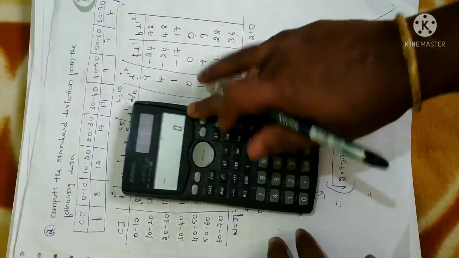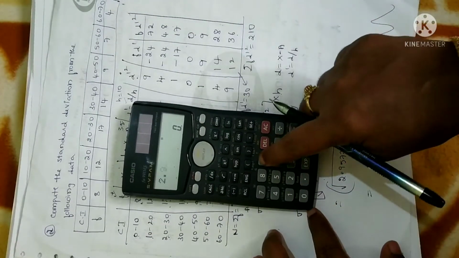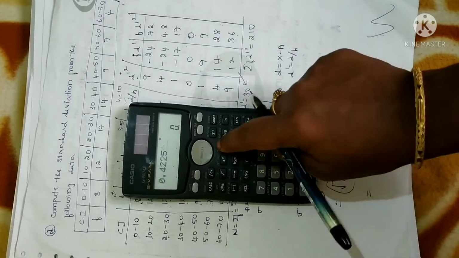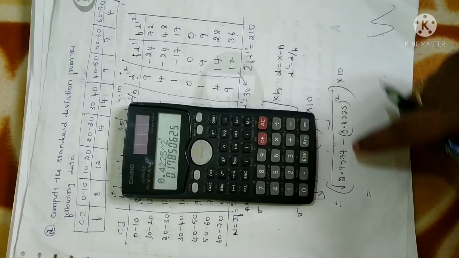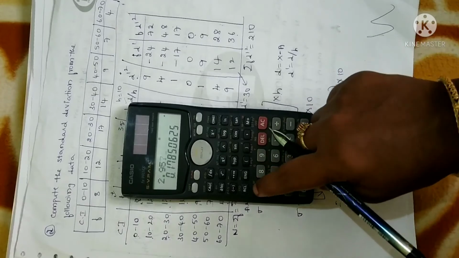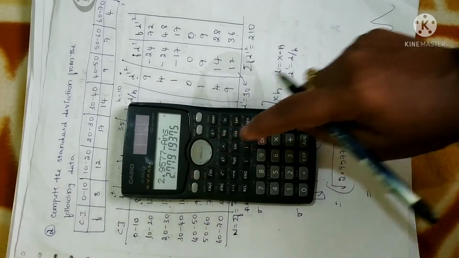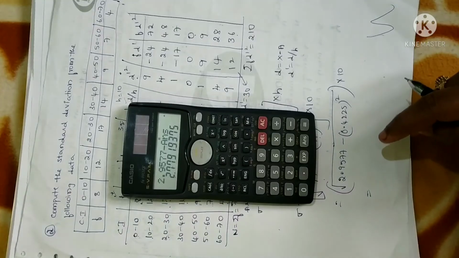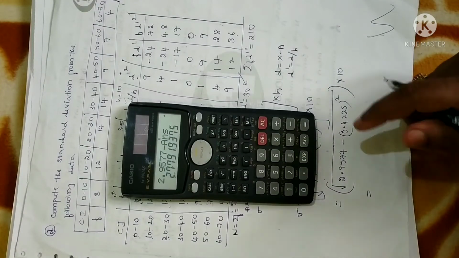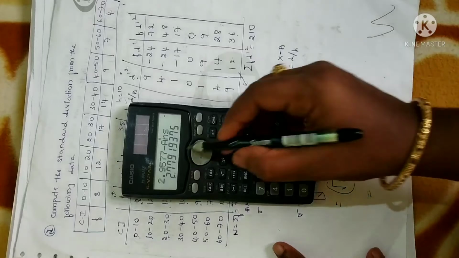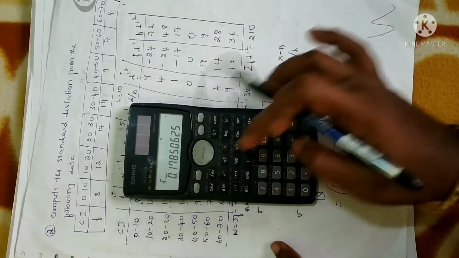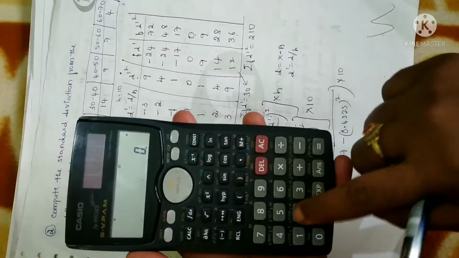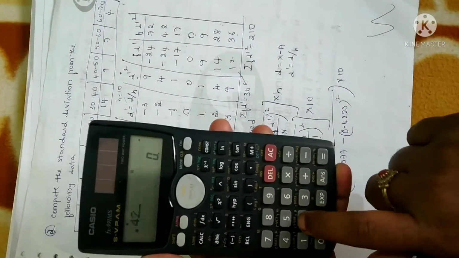I'll simplify it in one shot. First you calculate 0.4225 whole square.